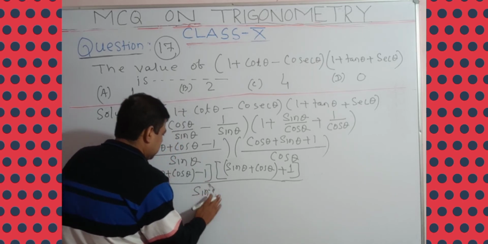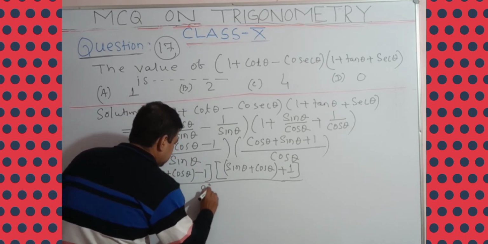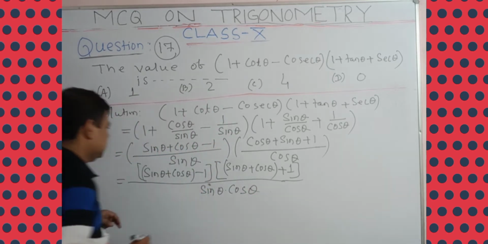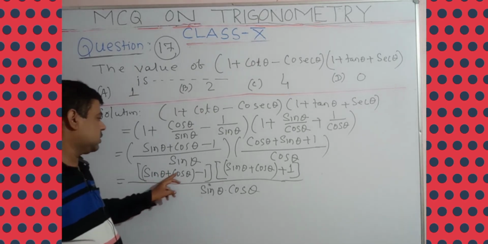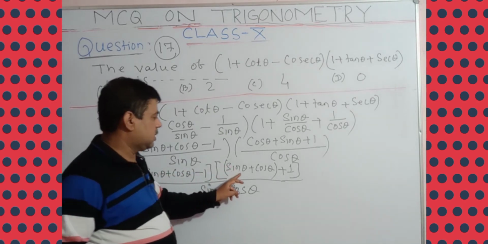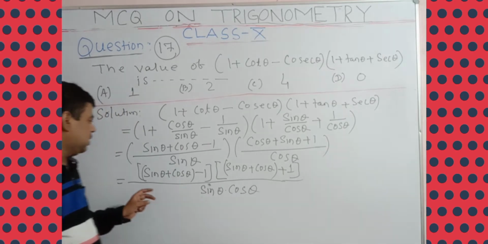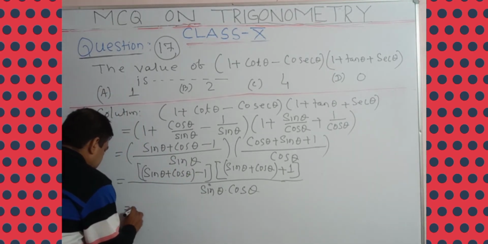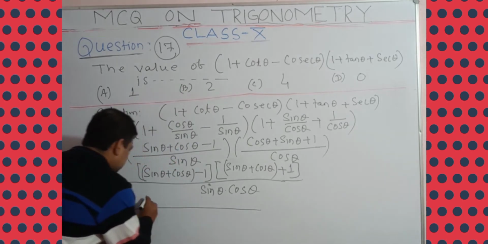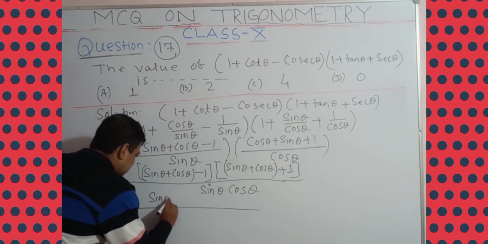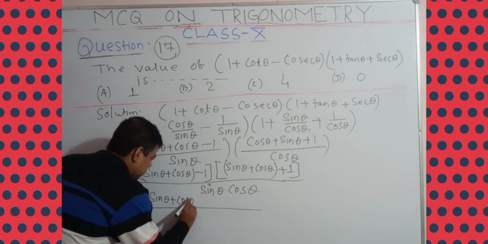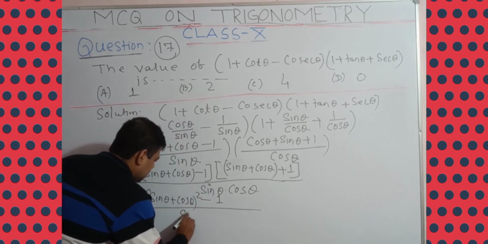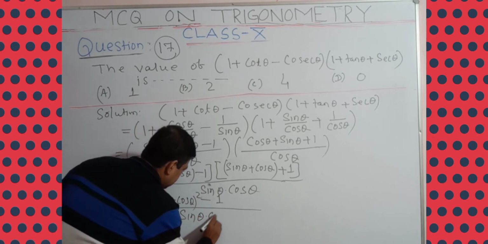You see now sin theta plus cos theta minus 1 whole into sin theta plus cos theta plus 1, and we can use the identity A minus B whole into A plus B. The first term is sin theta plus cos theta, so it will be sin theta plus cos theta whole square minus 1 square, which is 1, and the denominator is sin theta into cos theta.